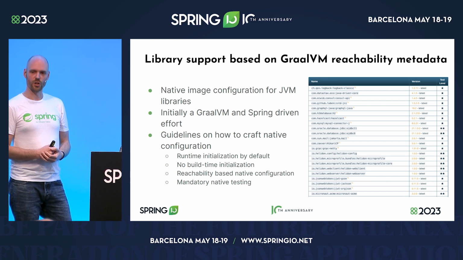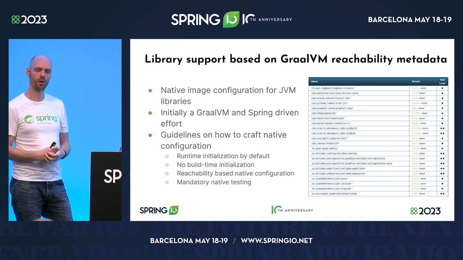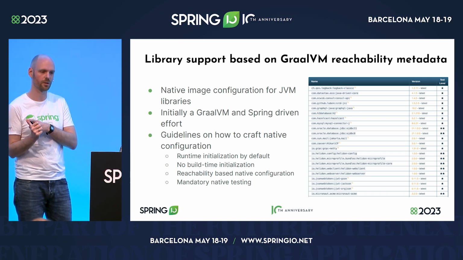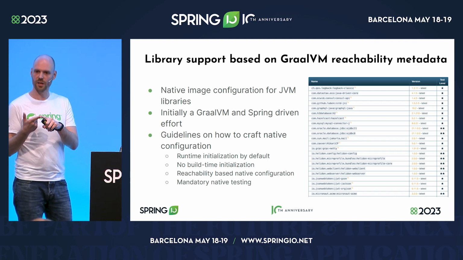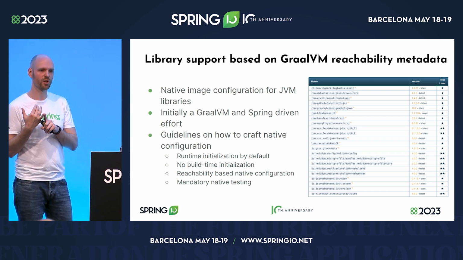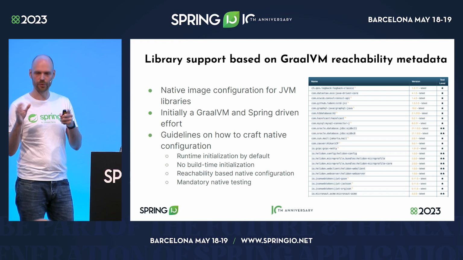It's a lot of JSON files, and those JSON files essentially make libraries which are not native compatible out of the box compatible. Okay, so there is some stuff which does not work in native image. For example, we have reflection which must be enabled. We have serialization, we have proxy generation, we have JNI calls, and we have resource loading. And all that stuff needs special hints for various reasons.